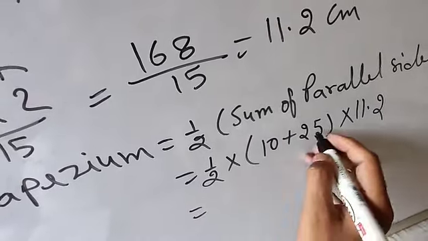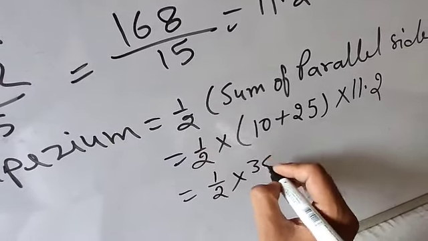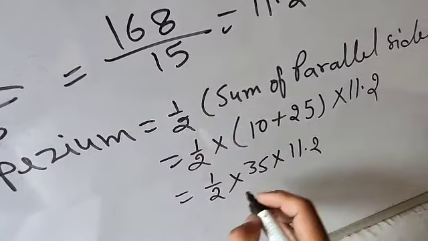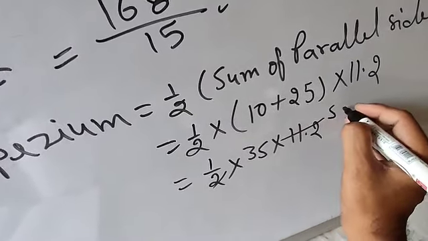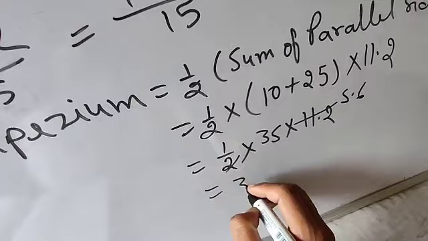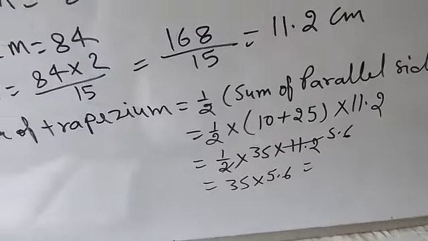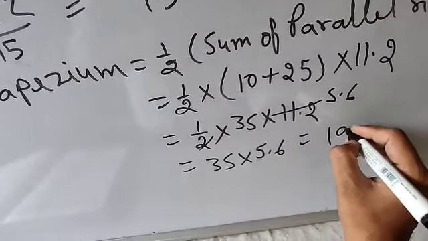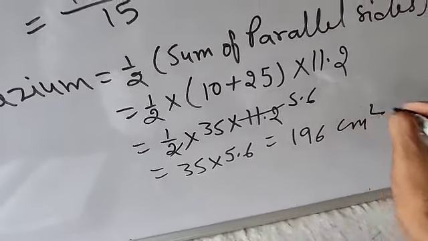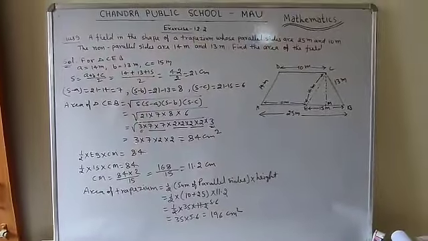So 1 by 2 into 10 plus 25, 35, into 11.2. Here it can be cancelled. It will be 2 5s are 10, 2 6s are 12. So 35 into 5.6. You need to multiply it, and if you multiply, it will be equal to 196 centimeter square. So that is the area of the trapezium.